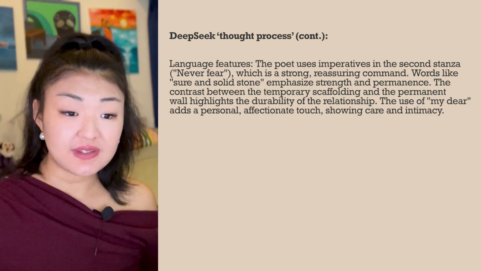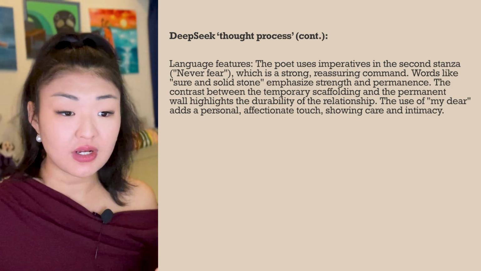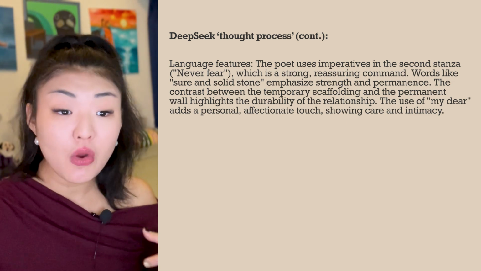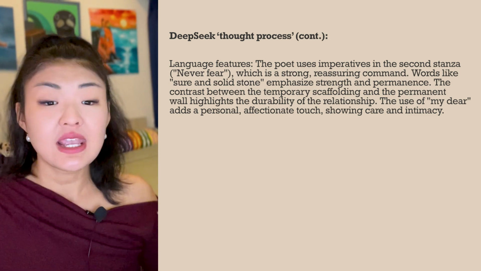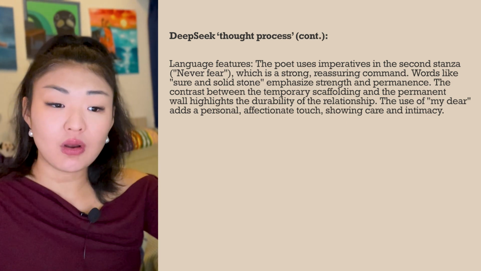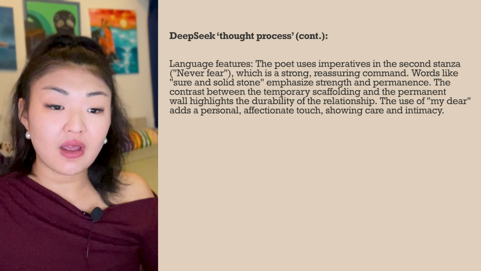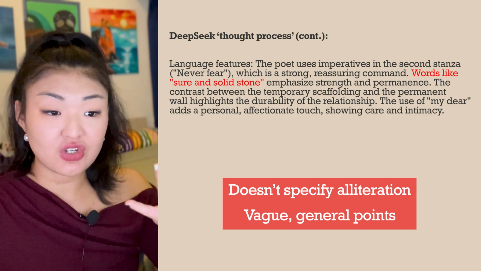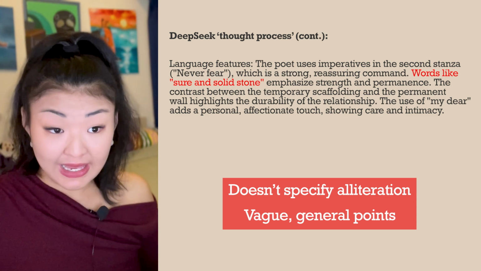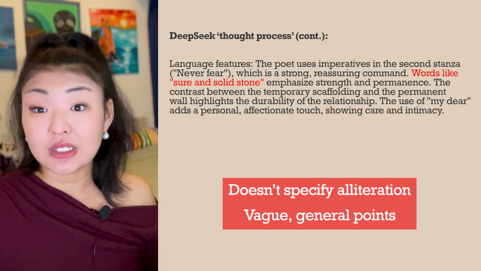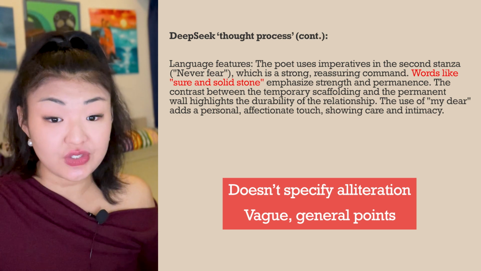"The poet uses imperatives, strong, reassuring commands, words like 'sure' and 'solid stone', emphasize strength and permanence." So you notice that here, what the AI doesn't do well is that it has failed to identify what kind of alliteration there is here, right? It's not just words here, it's actually a kind of sibilant alliteration with 'sure and solid stone', right?